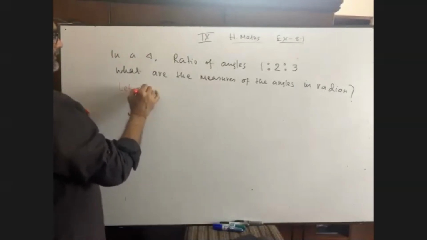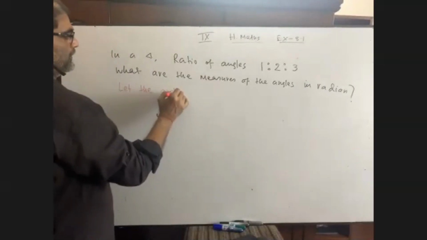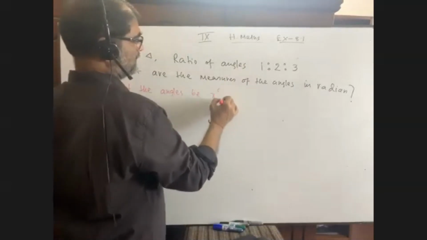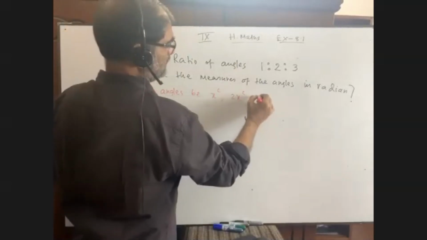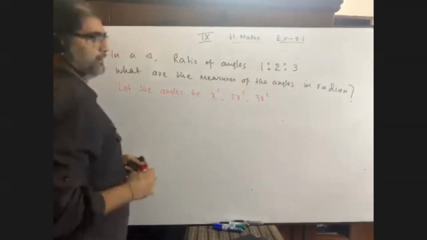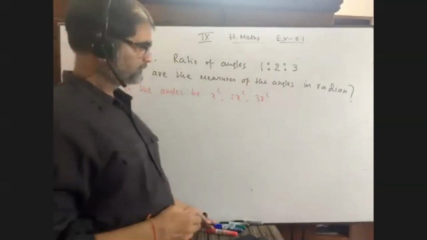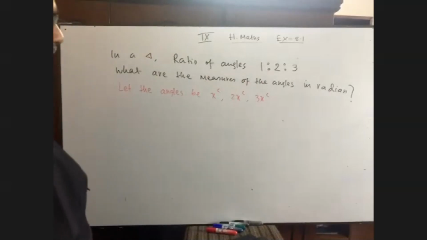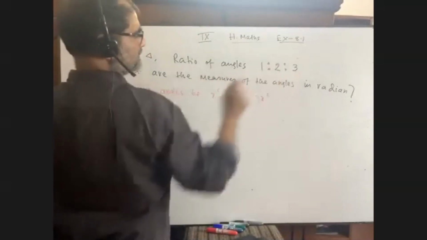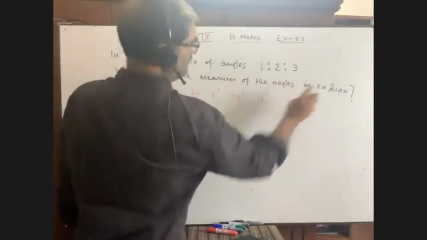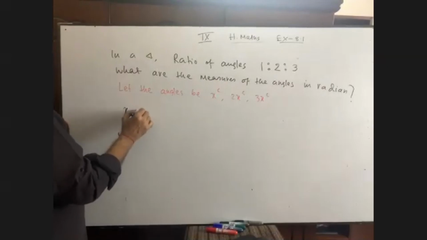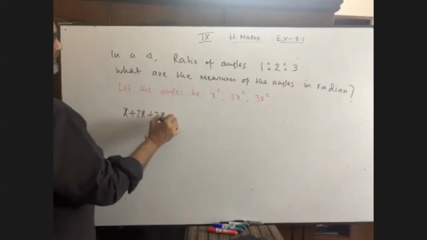Now you see, write down, let the angles be x radian, 2x radian, and 3x radian. Is it okay? I have taken x and measurement in radian. So according to the question, we can write down x plus 2x plus 3x equals to what?